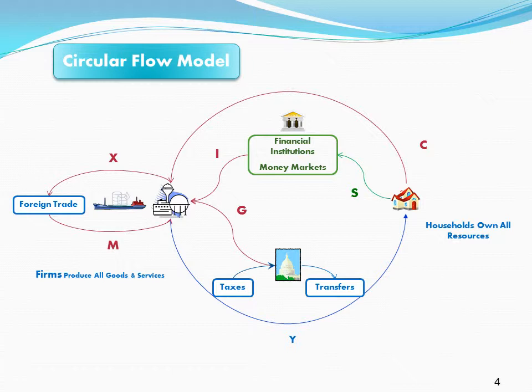So if Boeing makes an aircraft and sells it overseas, that's an export. If we walk into a store and buy a bottle of French wine, that's an import. So the arrows here represent the physical flows rather than the dollar flows. The exports flowing out and imports flowing in.